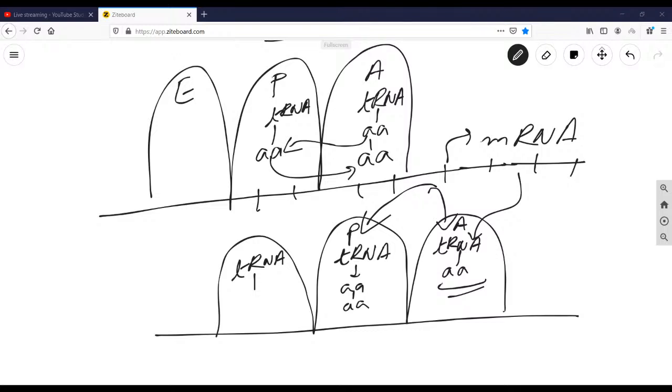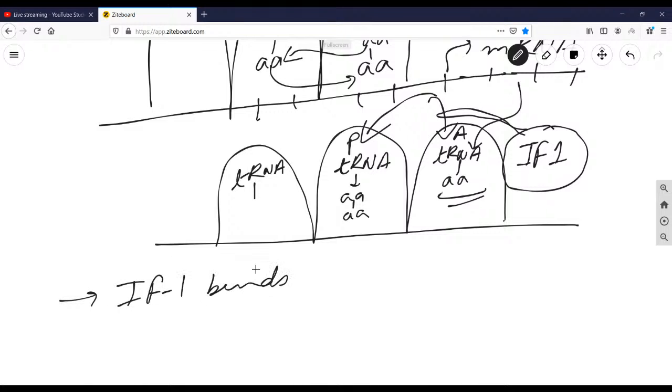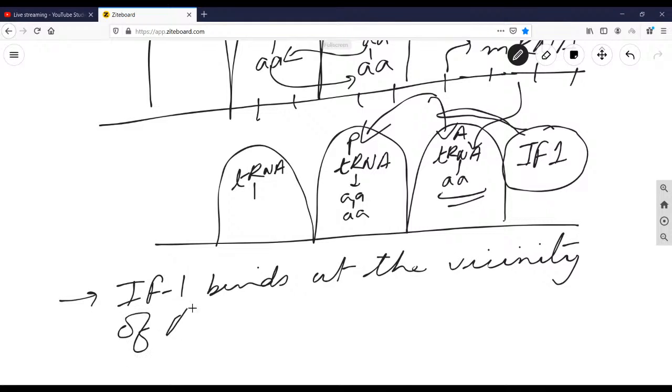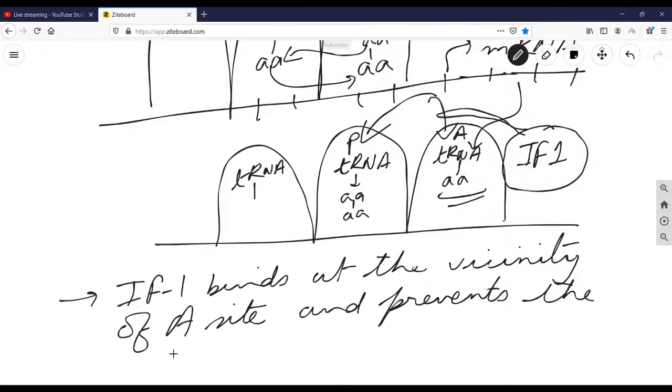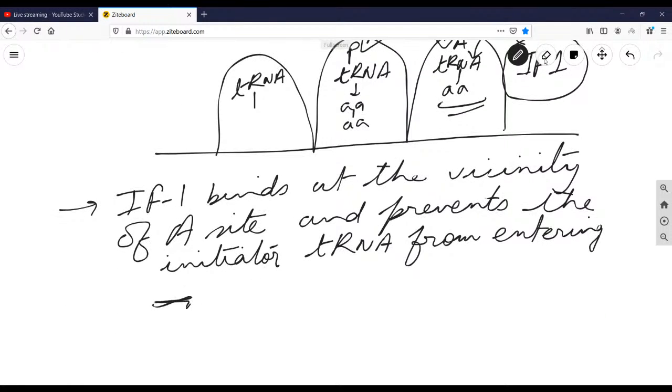Now IF1 binds here in the vicinity of the A site, and it prevents the initiator tRNA from entering the A site.